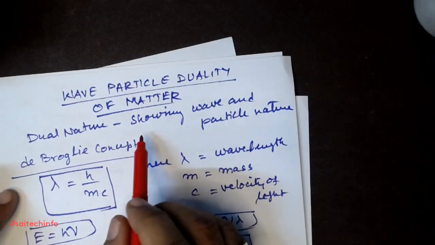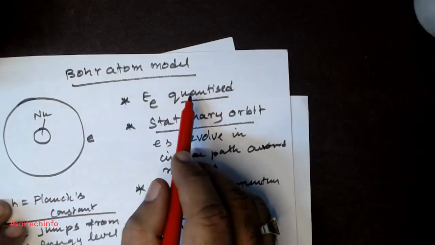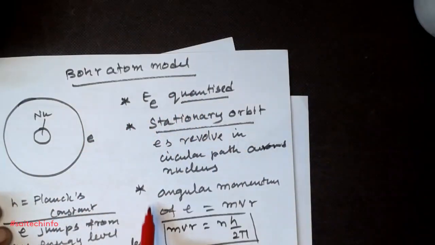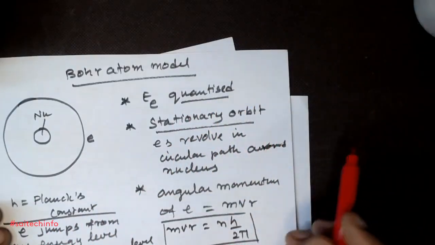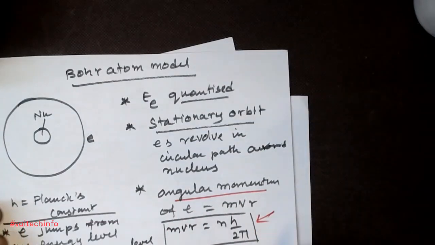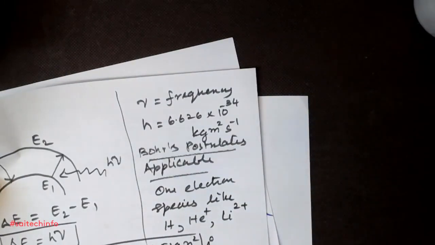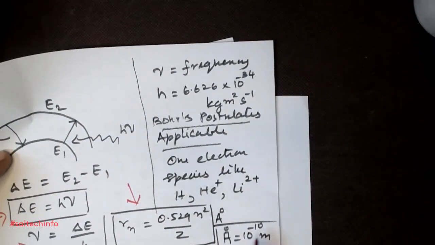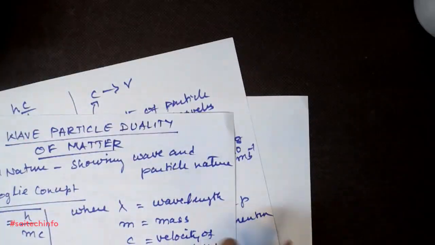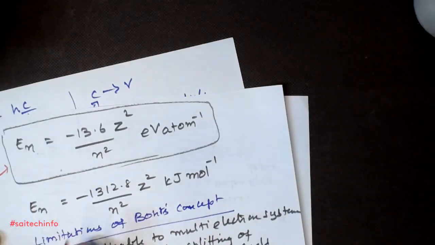So we were explaining the Bohr concept, the different postulates of Bohr, and the keywords are quantized, stationary orbit, angular momentum, and the Z equation, then the jumping of electron, and how to represent the delta E value, and based on that how to obtain the new value, then the radius of the nth orbit, and based on that how to obtain the energy.